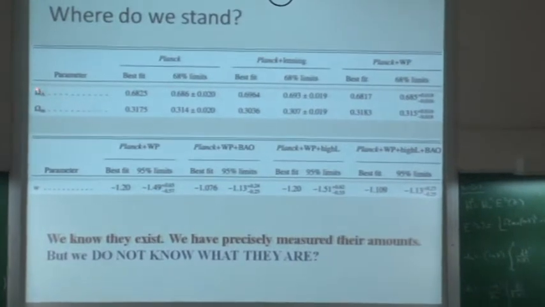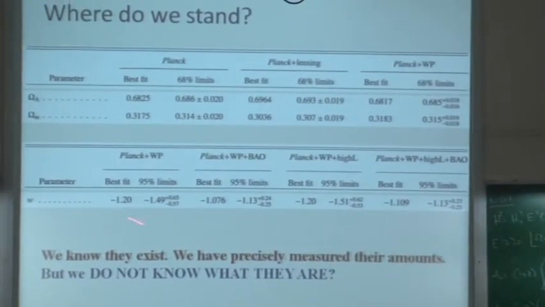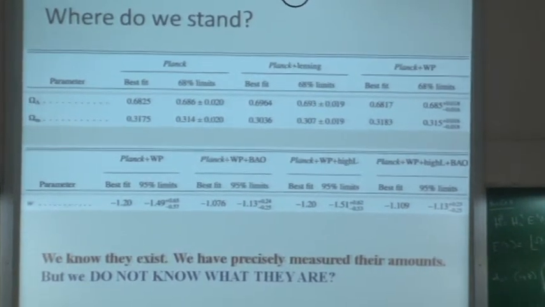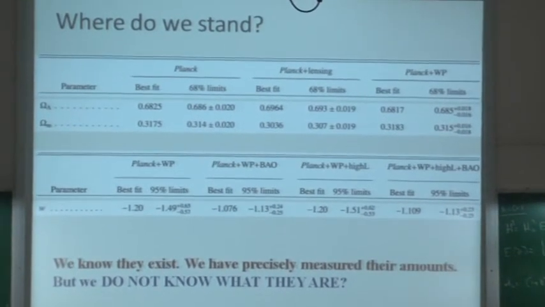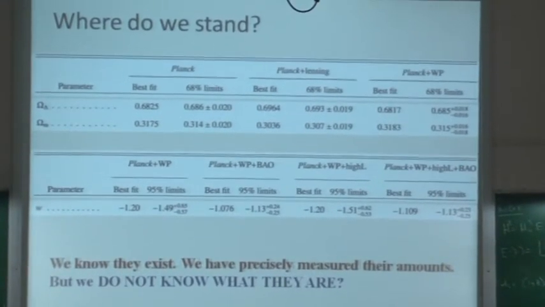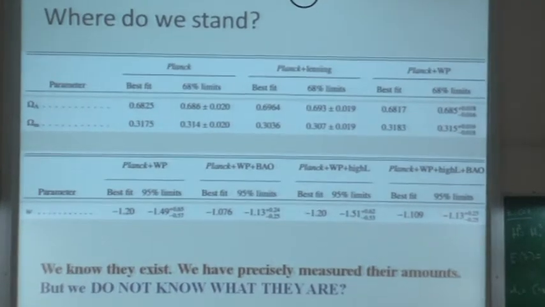And these are the measurements of omega lambda and omega m. I will come to the point of what is meant by minus 1.2, because the cosmological constant is minus 1 and this goes to less than minus 1. That point I will come to later.